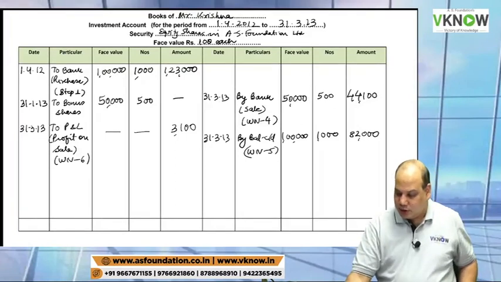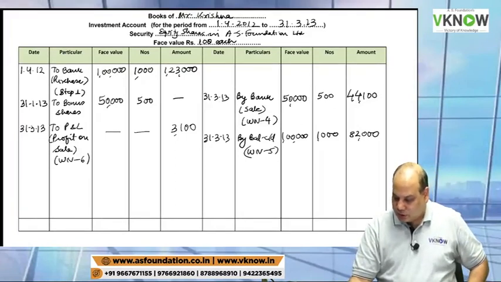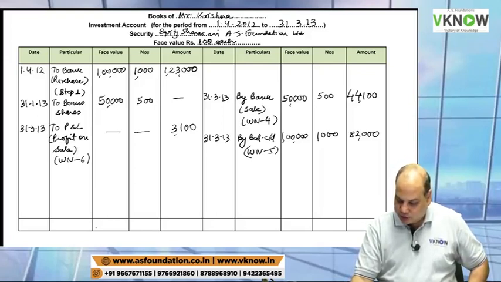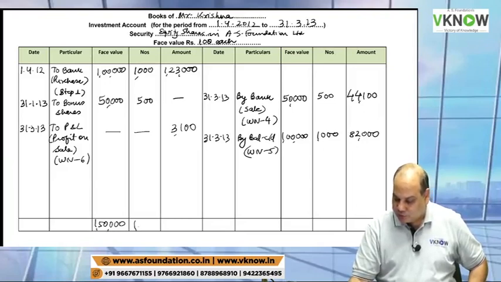Govind is right, 82,000. Now what I'll do, I'll just check whether my total is tallying. In this question, there is no dividend. There is no right share. Question is easy. A repeated question for 5 marks, 4 marks.